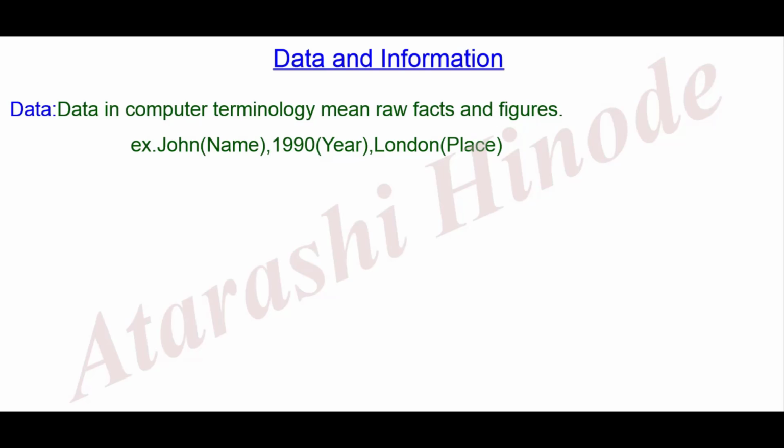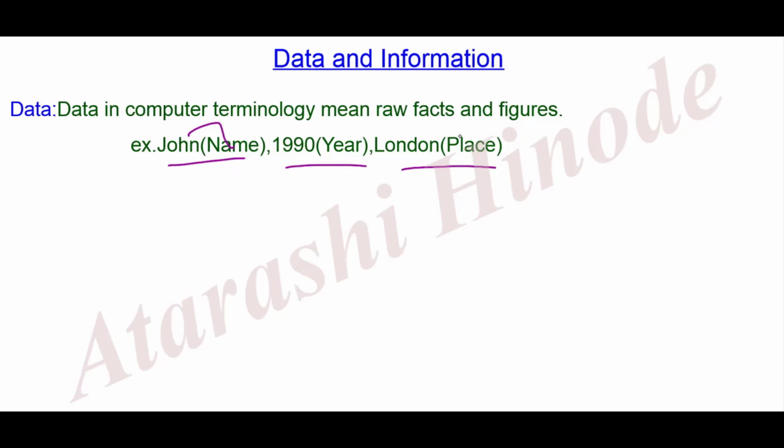This is an example of data: John, which can be a name, but it doesn't mean anything to a user or the one who is reading it. 1998 is a year, London, capital, England. These data don't mean anything in particular. These are just a name, a year, or London. They don't give any sensible meaning or valuable information.